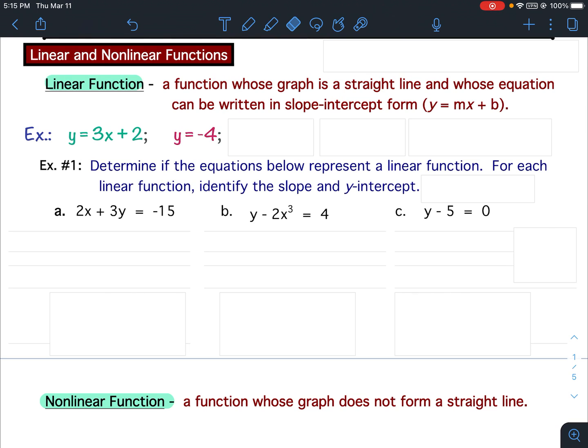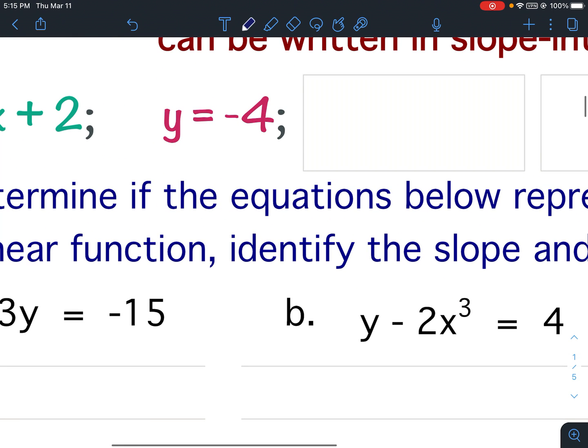Another example is y equals negative 4. A lot of times this one will confuse students because they don't see the x, so they're unsure if this would be linear or nonlinear. Well, this is a horizontal line. So underneath that, let's write, and just abbreviate, horizontal.